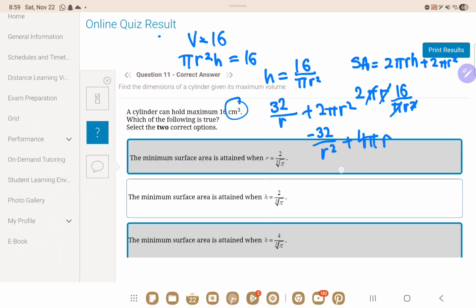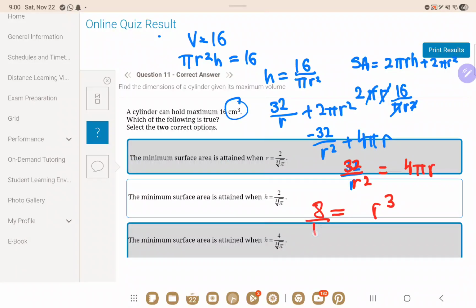Now it's going to be negative 32 over r squared equals negative 4 pi r. So now negative cancels with negative, and then you're going to have 32 equals, sorry, 8 equals pi r cubed.